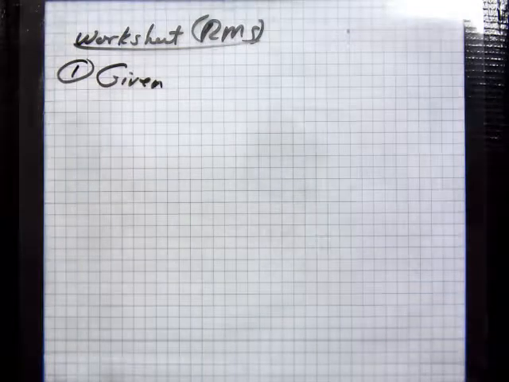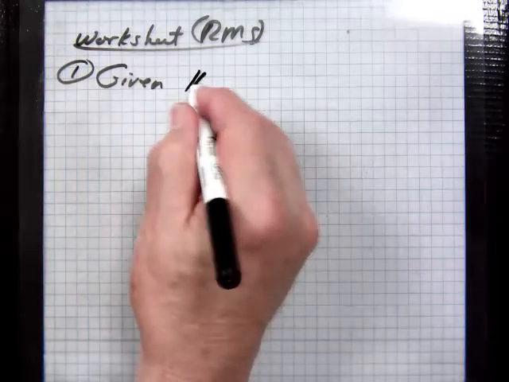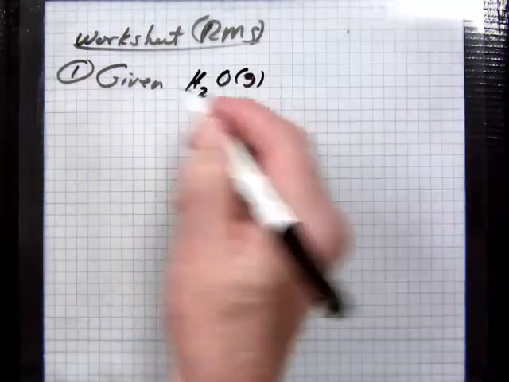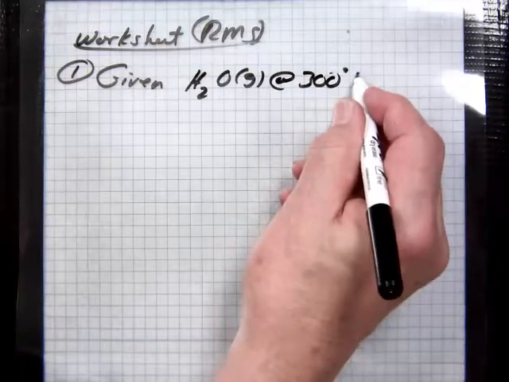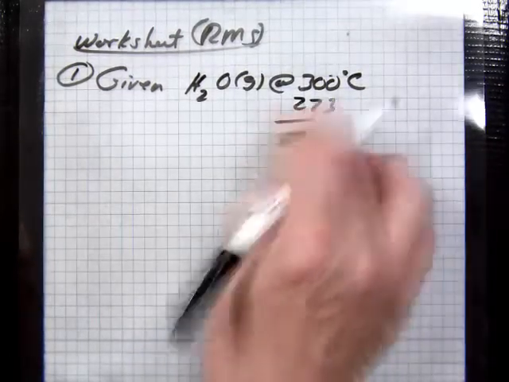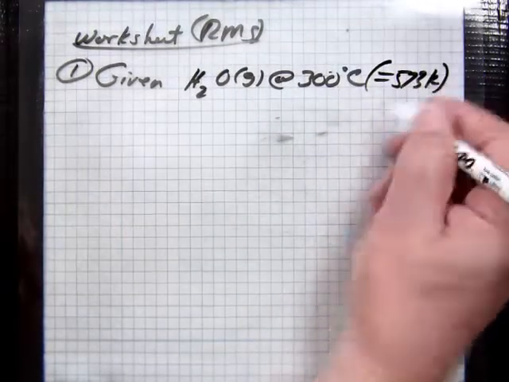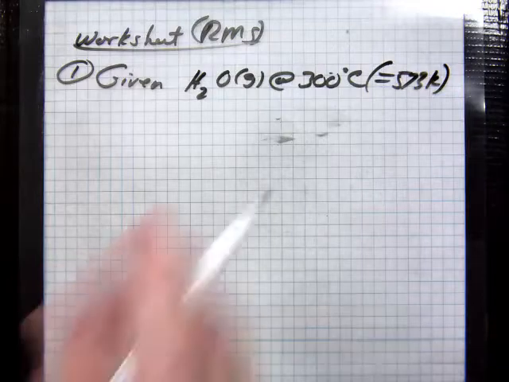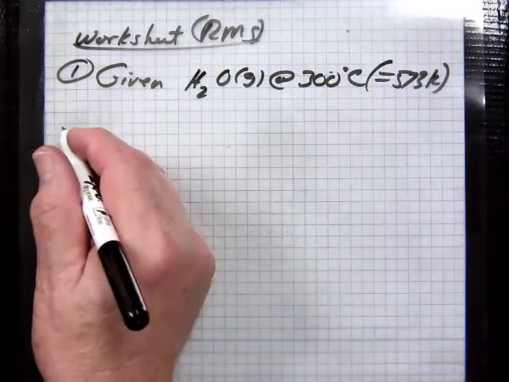Okay, say, what's the RMS velocity for water vapor given H2O gas at 300 degrees Celsius, 573 Kelvin?